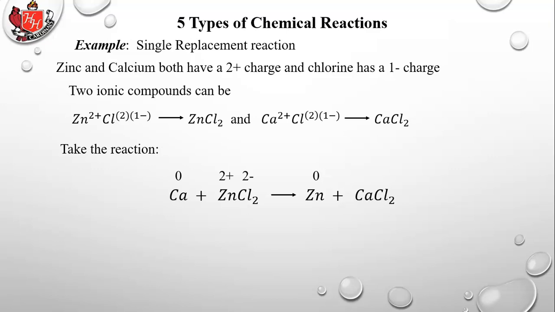So zinc is now a 2+. It's within that ionic bond, but it's lost 2 electrons. Now, since zinc is lower on the activity series than calcium, it can attract 2 electrons away from calcium. So calcium has its orbitals filled with electrons.